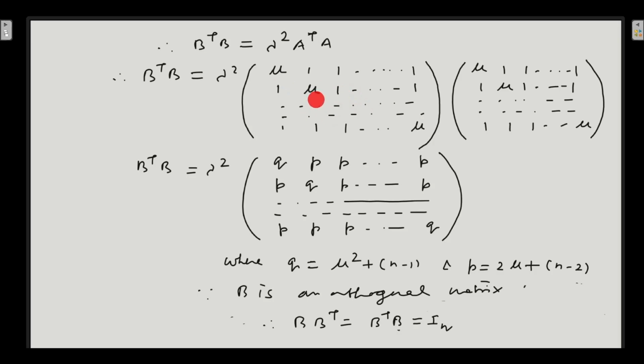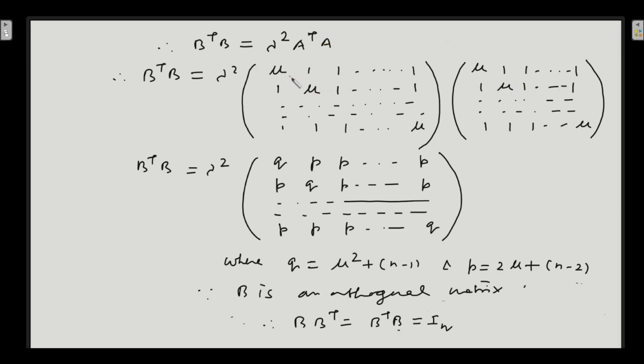Why? Because it is a symmetric matrix, as all the corresponding elements above and below the principal diagonal are equal to 1. So the transpose will be equal to the same matrix. A transpose can be written like this and A can be written like this, and both of them are the same matrix.